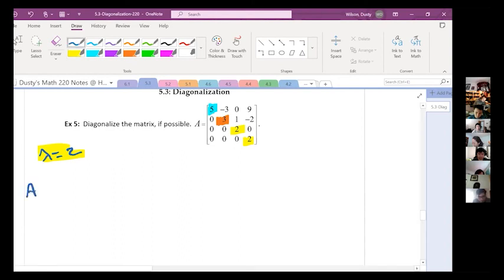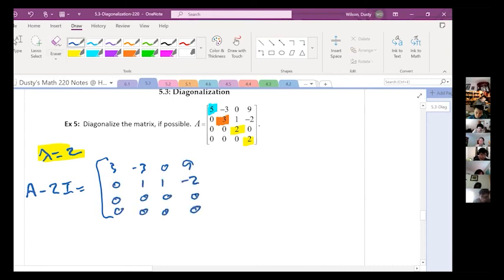So we have our A minus 2I. That's going to be 3, minus 3, 0, 9, 0, 1. And you can row reduce that puppy, and you get 1, 0, 1, 1, 0, 1, 1, negative 2, and then a couple rows of zeros.